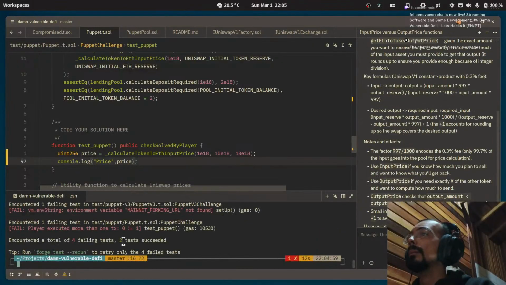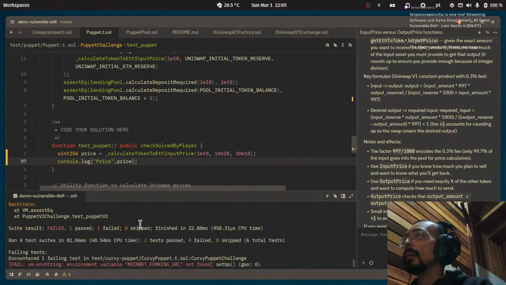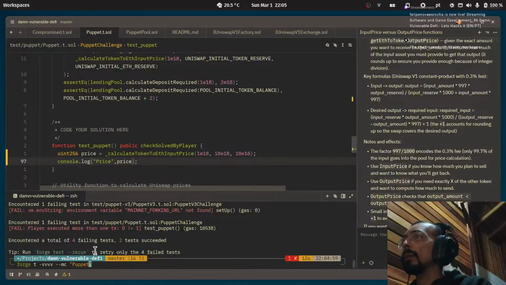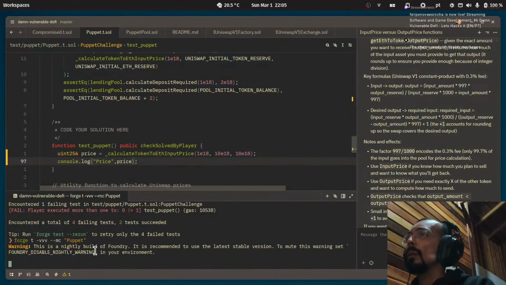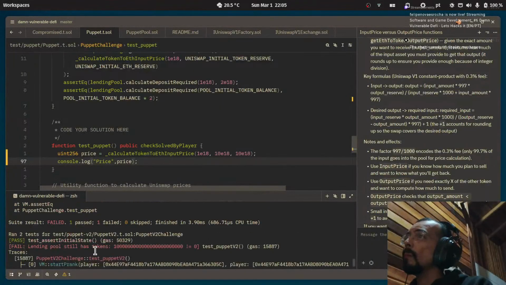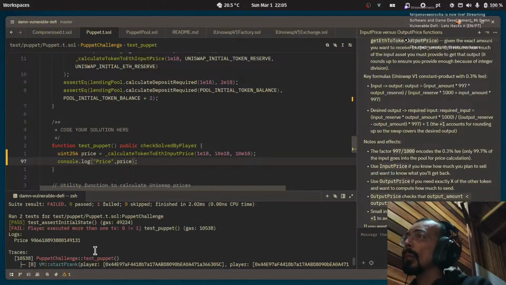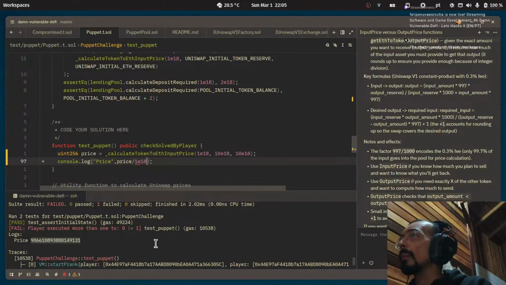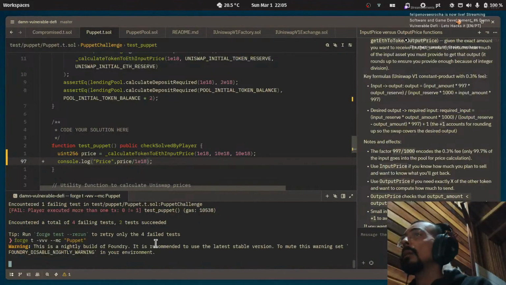So let's go with fewer DVTs. Here the price, and probably need to divide by these.